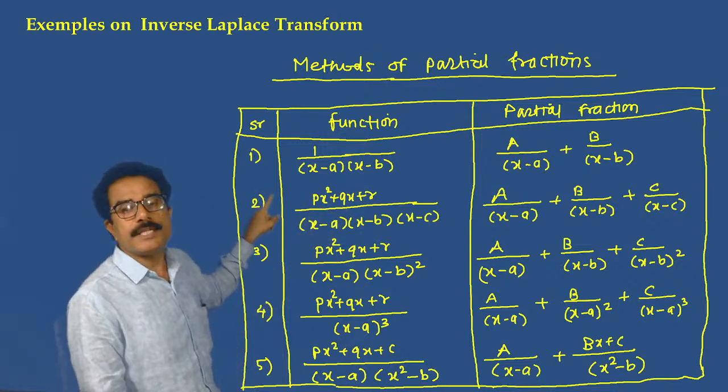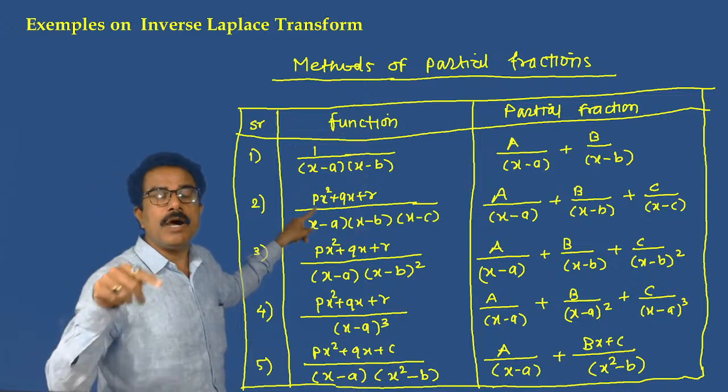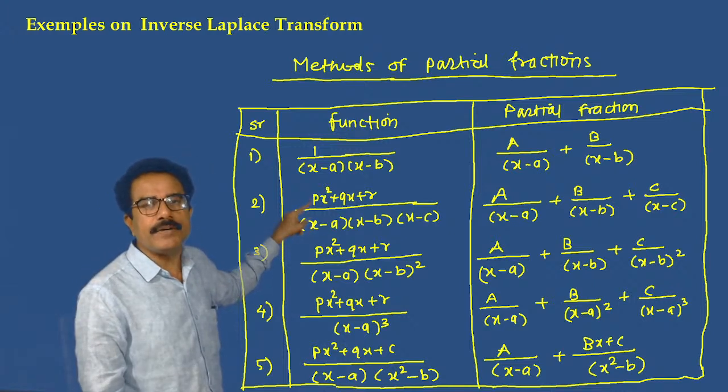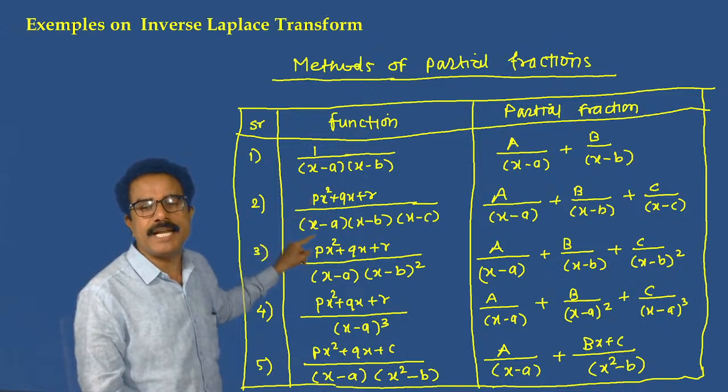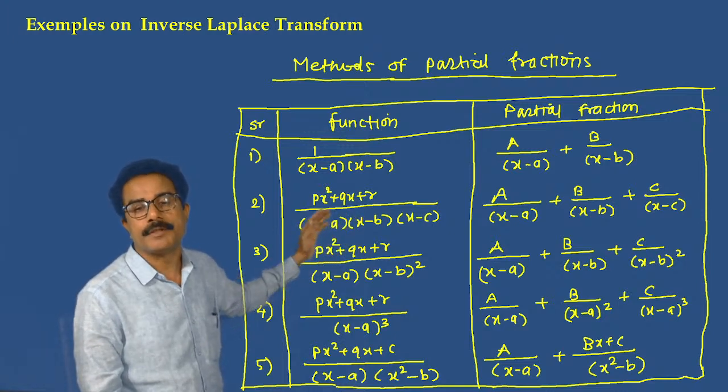Actually the partial fraction is independent of the numerator, but it is essential that the degree of the numerator must be less than the degree of the denominator. Then only we can take the partial fraction.